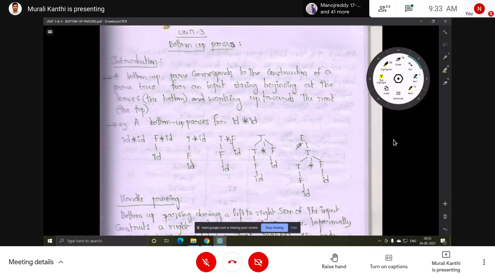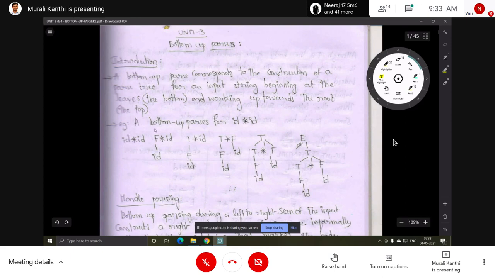The root is the starting symbol of the grammar. So we start from the input string and work towards the starting symbol of the grammar, or we begin at leaf nodes and work up towards the root. That is a bottom-up approach. That is just the definition.